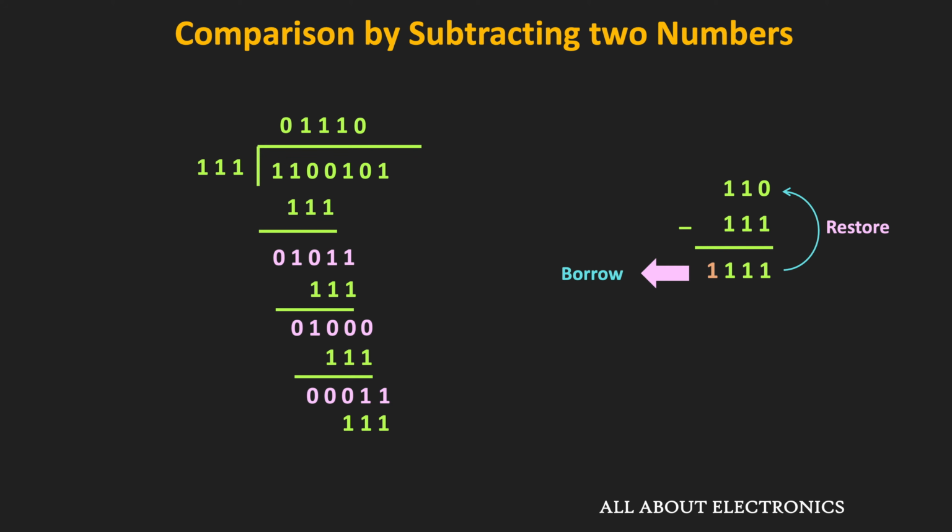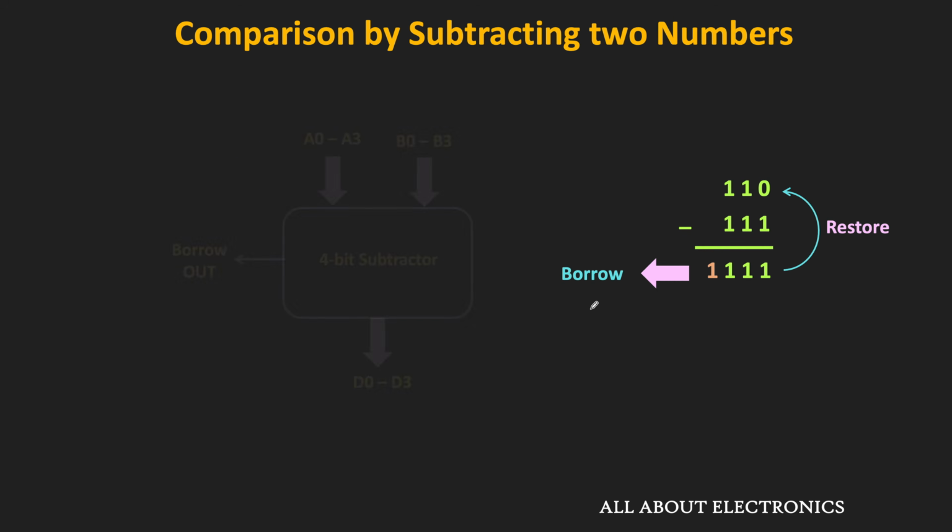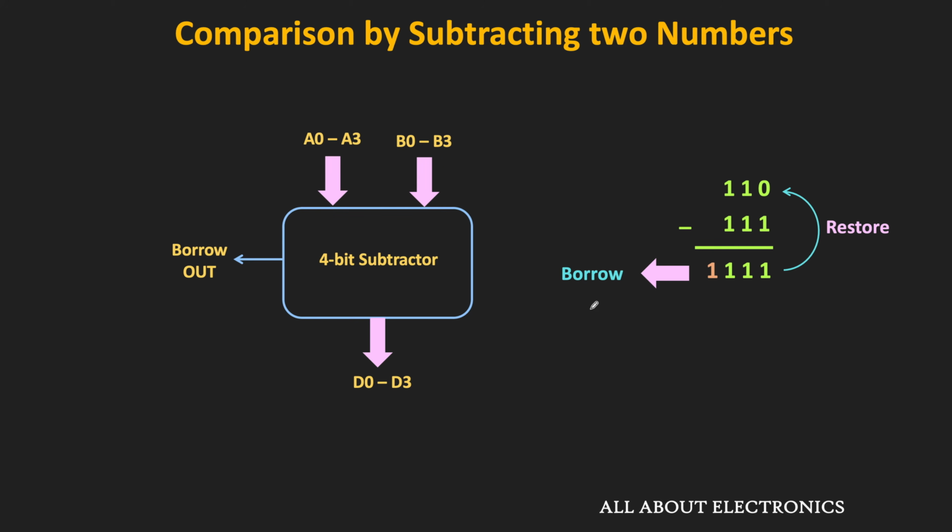Moreover, from this borrow bit, we will also get the quotient bit for each iteration. If there is no borrow, then our quotient bit is equal to 1. And if there is any borrow, then our quotient bit will be equal to 0. Very soon we will see how to implement that. But here, using the subtractor circuit, we can easily perform the subtraction.